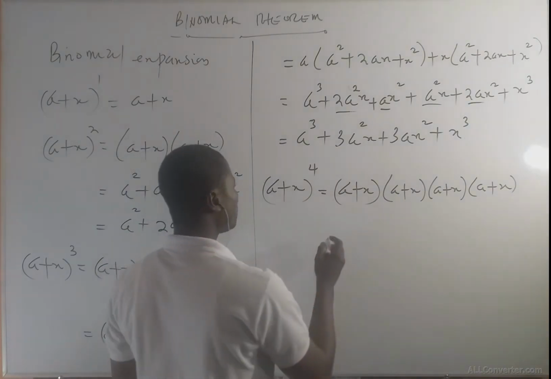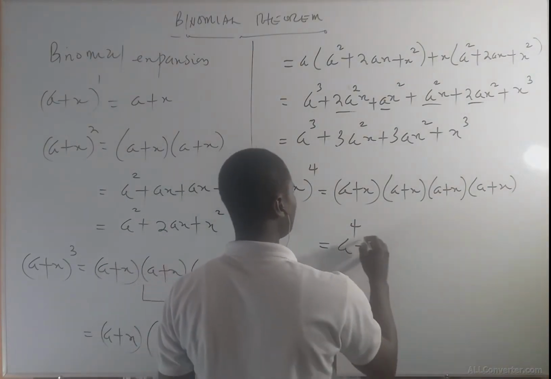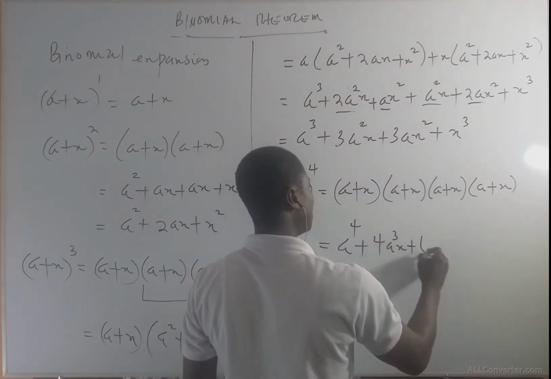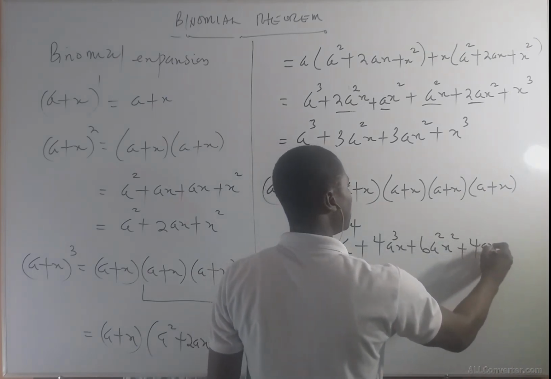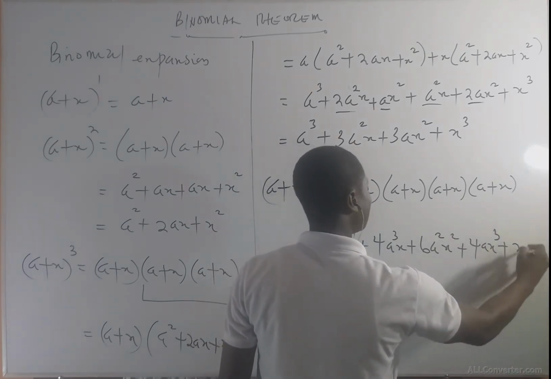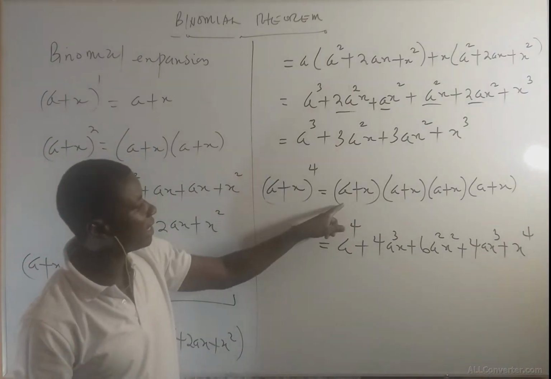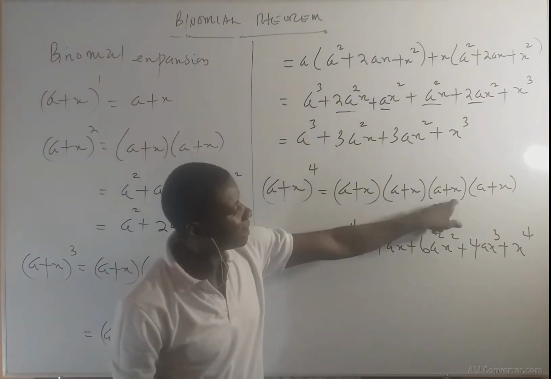Now when you expand this, you get a exponent 4, then 4a cubed x, then 6a squared x squared, then 4a x cubed, then x exponent 4. That is when you multiply a plus x by a plus x by a plus x by a plus x.